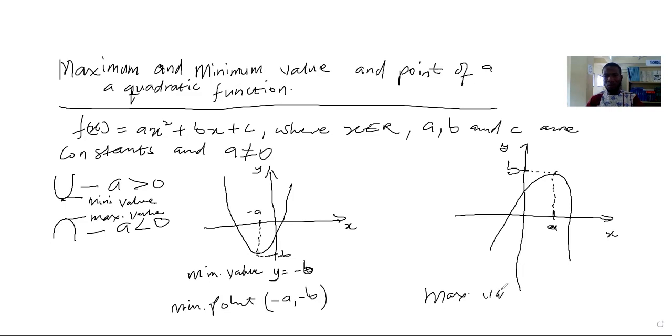The maximum value will be positive B, the highest point of the graph, and the maximum point will combine the x value at which it occurs, which is A, and then the y component B. So if we are to sketch or plot the point of a quadratic function, these are the minimum and maximum values and points respectively.